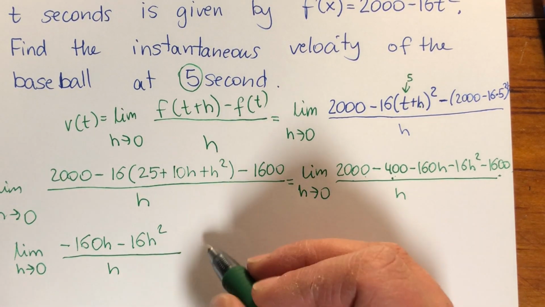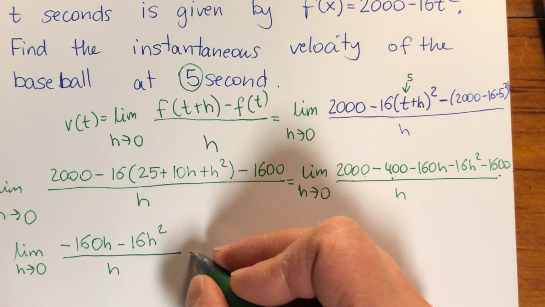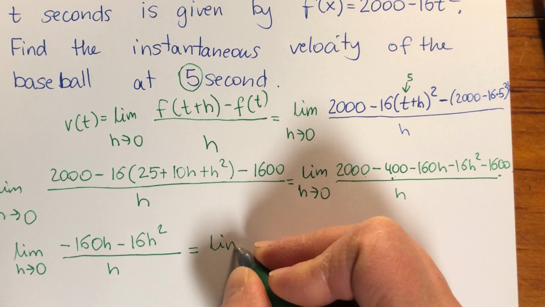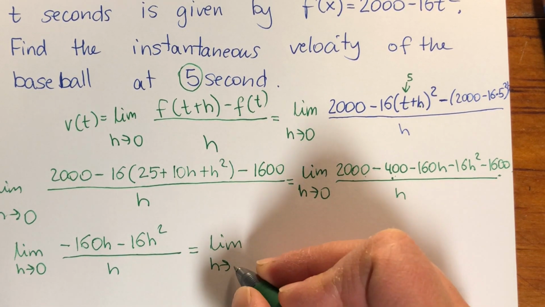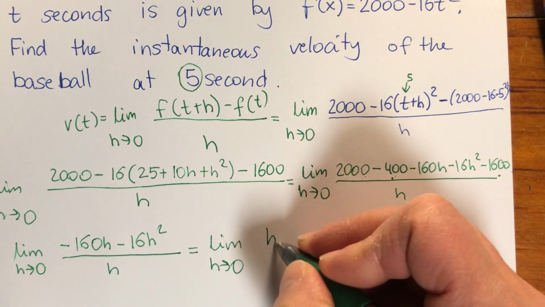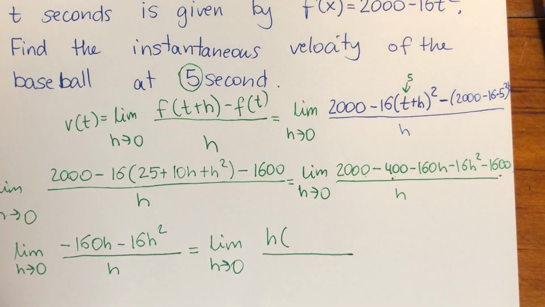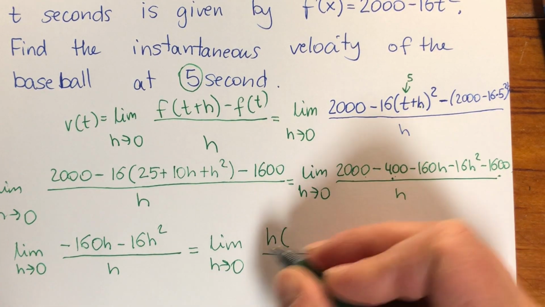Again, this is problematic because if I plug in 0, I am getting 0 over 0. I can't have that. But what I think everybody should be able to notice at this point is that we can at least take out h. And the reason why I'm not taking the number out is because I know that I want to cancel the h's out.